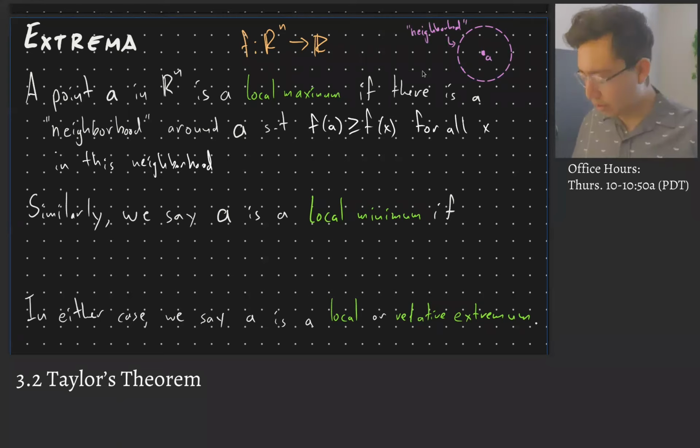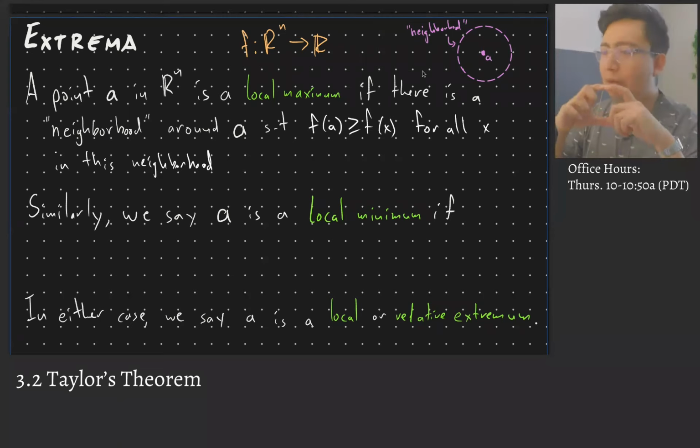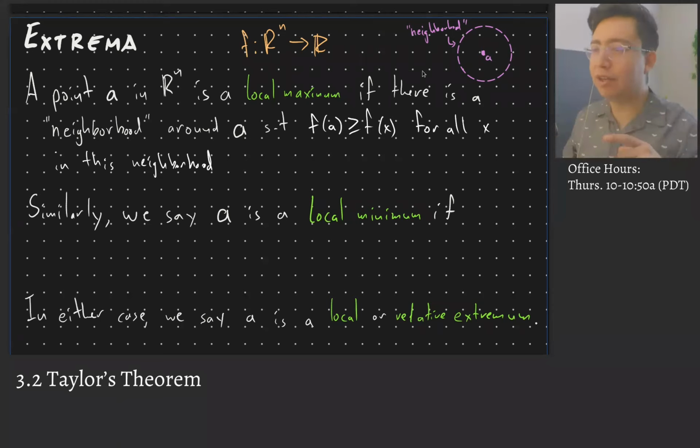And neighborhoods can be really small or they can be big. So what this is saying is that there's some neighborhood, maybe it's kind of small, but there's some neighborhood in the domain where everything around A makes the function as big as possible.